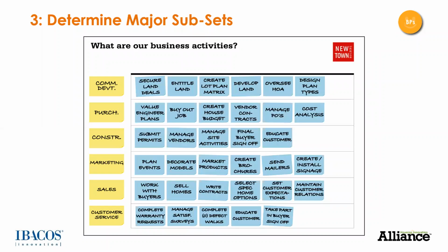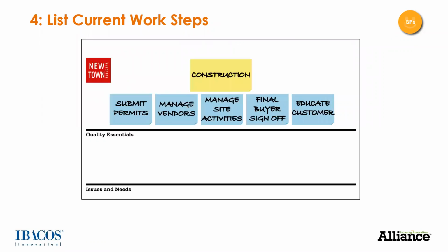And by getting the team then to break down the next subset, you'll see the kind of things here in construction, permits, vendors, building, that's physically the building of the home. And you can break that down in a lot more detail. But because they were mapping the company level, we kept it at a high enough level so it wasn't minute detail of each of the departments.